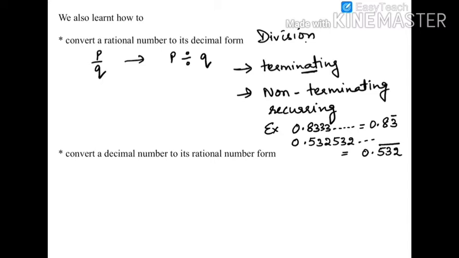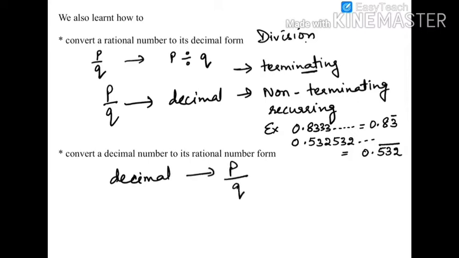We also observed while converting the numbers into their decimal form that the number of digits in the repeating block will always be less than the divisor. So we learned how to convert a rational number into a decimal number. Then we also learned how to convert a decimal to a rational number.